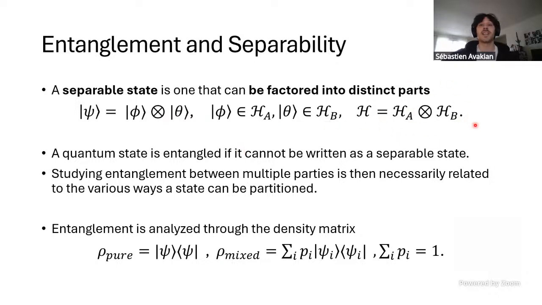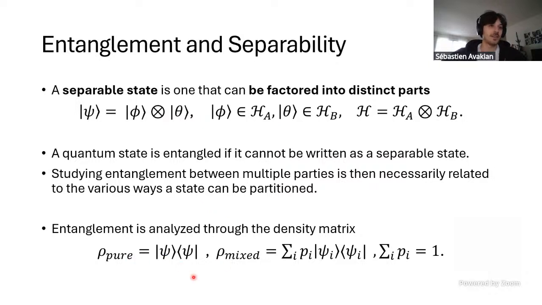And so we can then say a state is entangled if it cannot be written as a separable state. Now, this is fine for two parties, but if we want to generalize to m parties, or just more, 3, 4, 5, 6, 7, then it becomes a little bit tricky because it naturally comes down to how we can partition our state. And so this is the introduction to these multipartite measures.